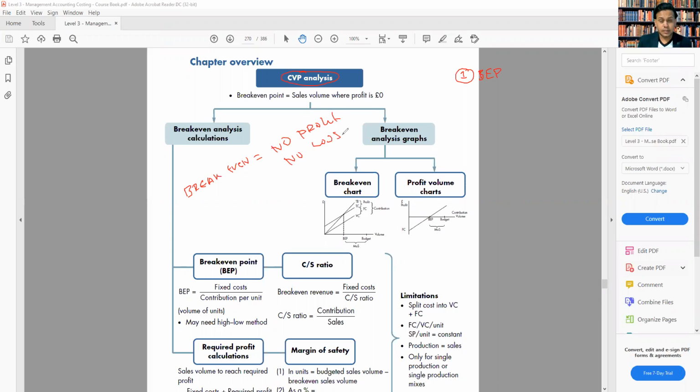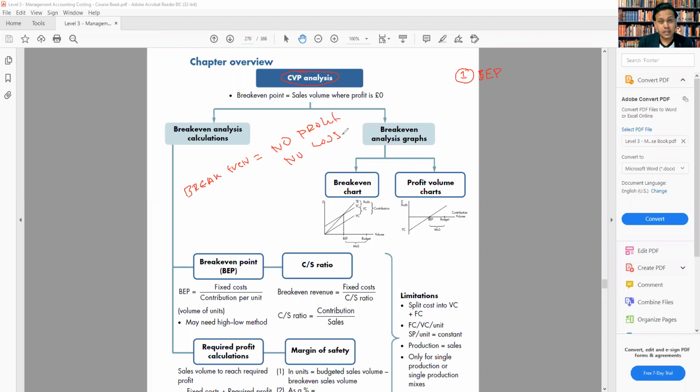Now, when we calculate the break even, we have to know the formula to calculate it and why we calculate it. For example, say we decide to sell this pen in the market. We want to know how many units of this pen I have to sell to keep myself at break-even.